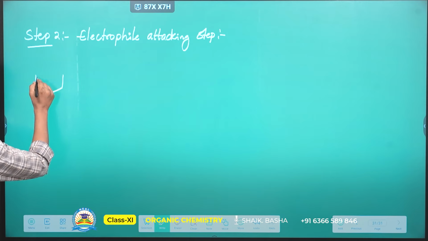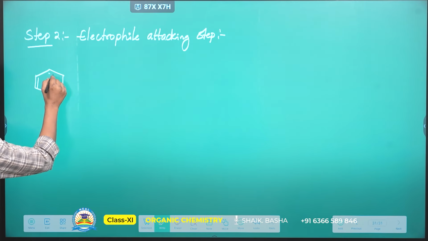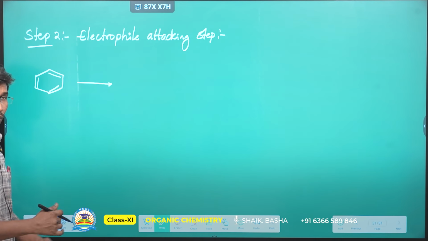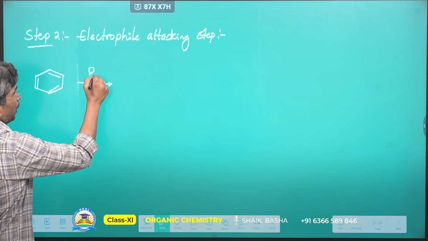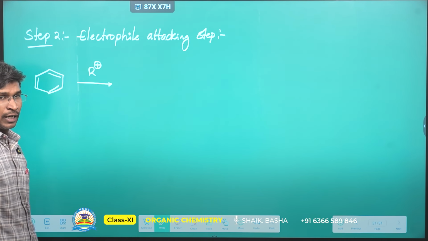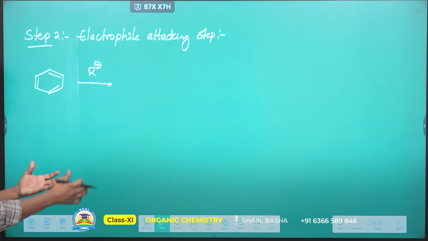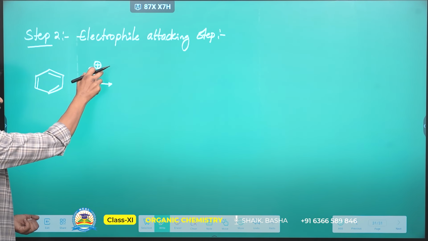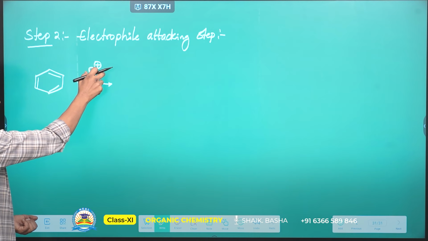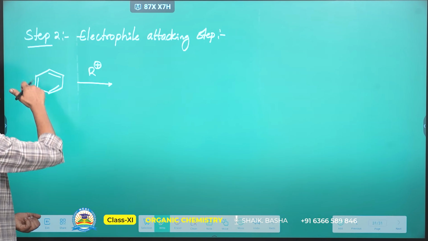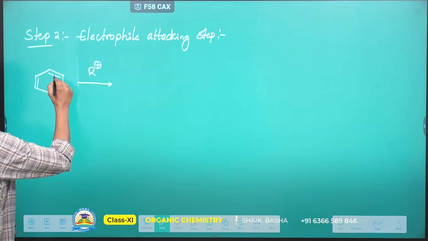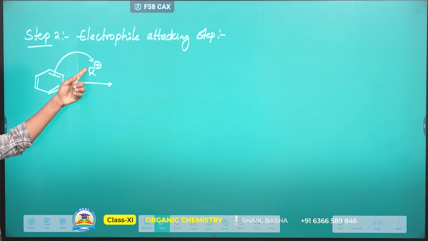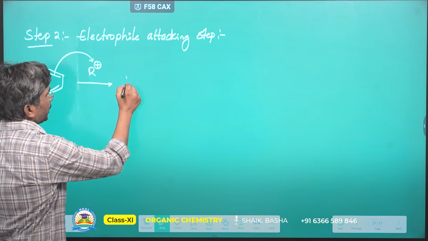Benzene is going to react with R plus, which acts as the electrophile. After formation of R plus, we introduce the benzene. So the R plus, alkyl carbocation or alkyl carbonium ion electrophile, is surrounded by benzene. Benzene acts as a nucleophile and donates electrons to it. Bond formation takes place between the benzene carbon and the alkyl carbocation.